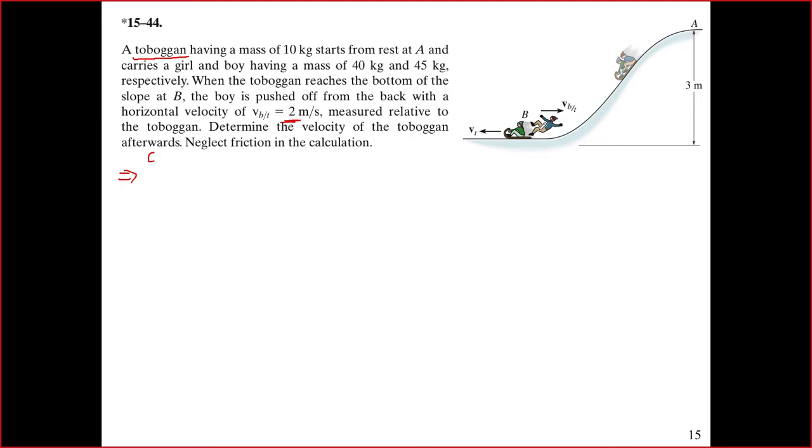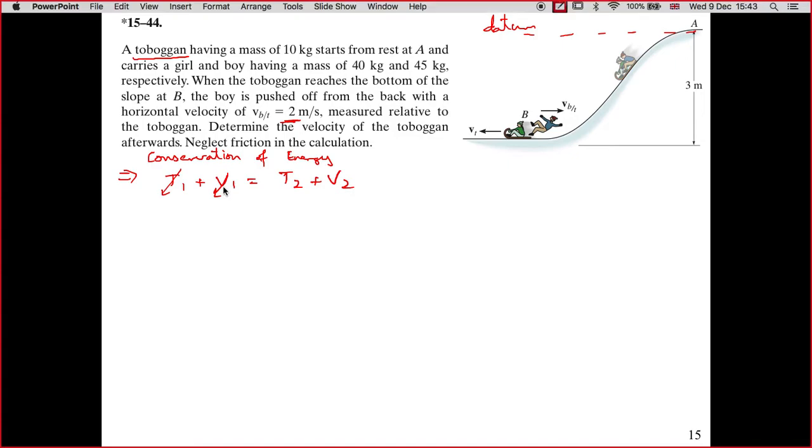So from A to B, because I want to find their velocity at B, let me apply the conservation of energy, because it seems there are no frictional forces, so there are no non-conservative forces. So I can then use T1 plus V1 equals T2 plus V2. Okay, I'll define my datum to be here, for no particular reason, such that my initial kinetic energy and potential energy are both 0.